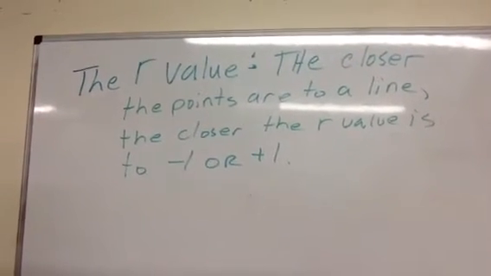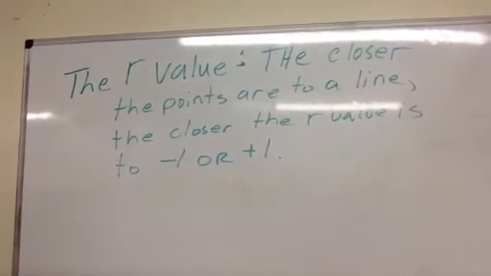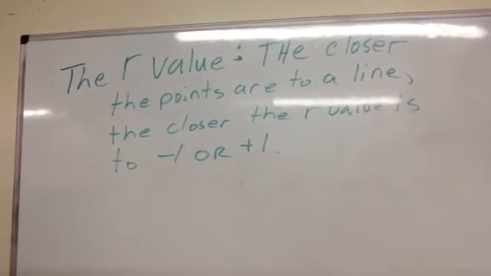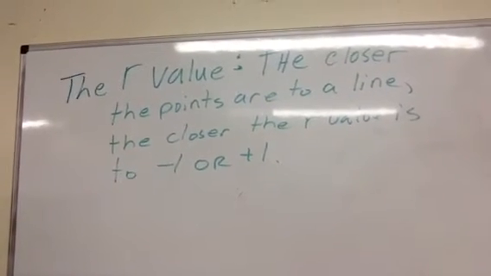So the closer the points are to a line, the closer the R value is to a -1 or a +1.